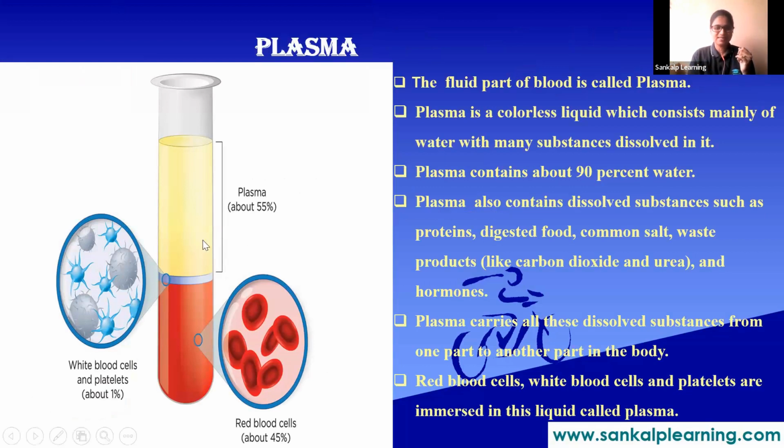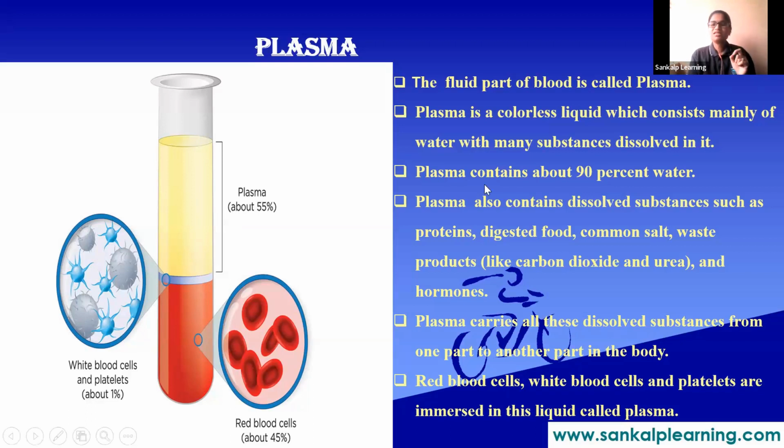As you can see in this diagram, when we take a certain ml of blood and centrifuge it, that means we rotate it, due to the centripetal force, all the components of the blood will be separated. So at last you will get red blood cells, in the middle you will get white blood cells, that is WBCs, and above you will get the plasma. About 55% you will get plasma when you take a ml of blood.